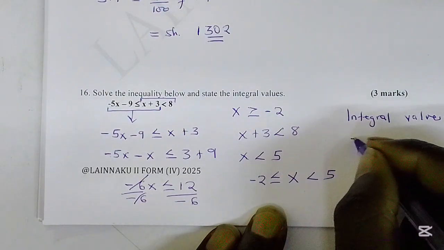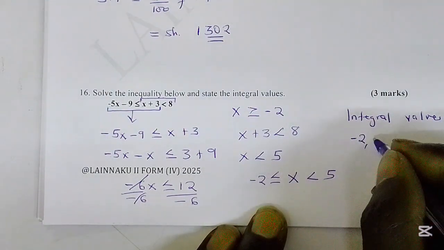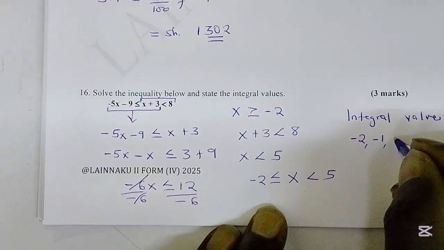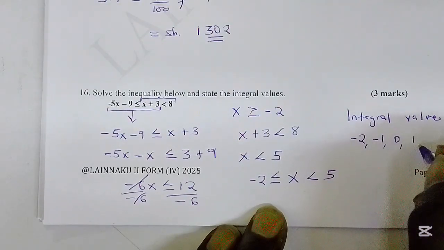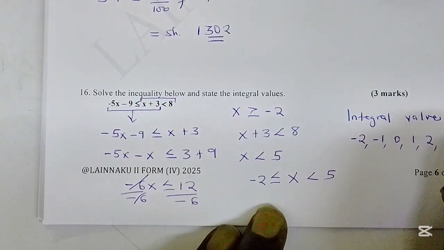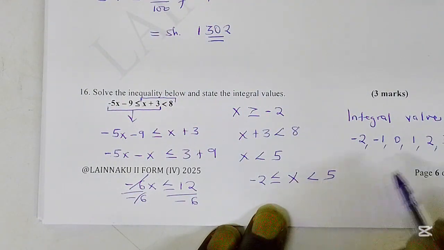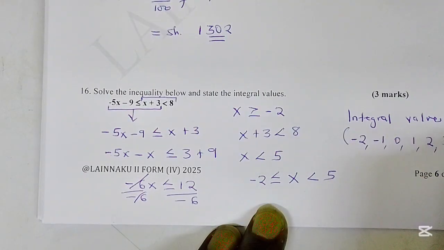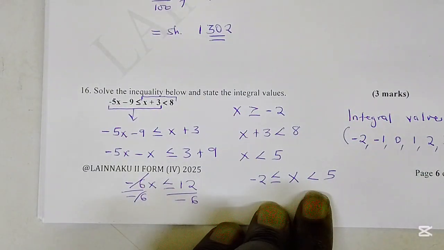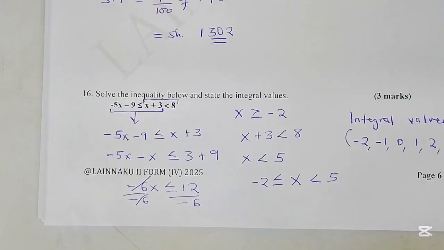So the integral values are negative 2, negative 1, 0, 1, 2, 3, then 4. We won't go to 5 because it is less than 5. So these are the integral values of this particular inequality.